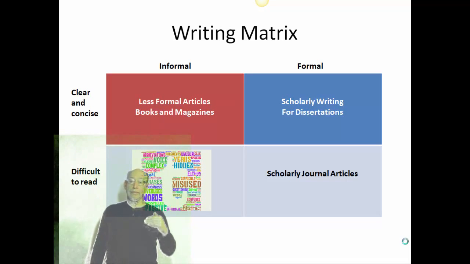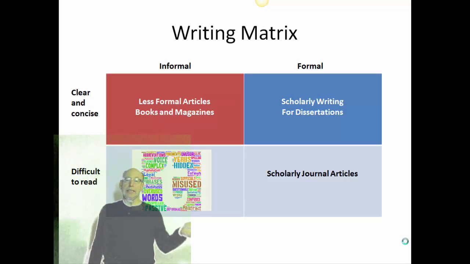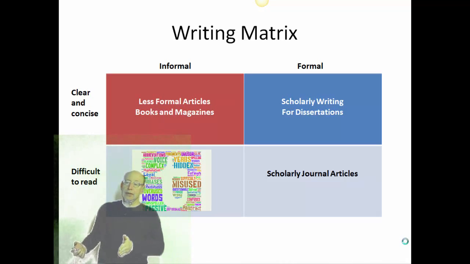When you start out, it's difficult to read, and it's all that stuff we talked about that's down in that lower box. And sometimes you might read things that are informal, but they're clear and concise. I'm thinking of things like books or magazine articles. Those are pretty easy to read, and they're clear and concise, but they're more informal. Scholarly writing is more formal, so it's in that top blue box.